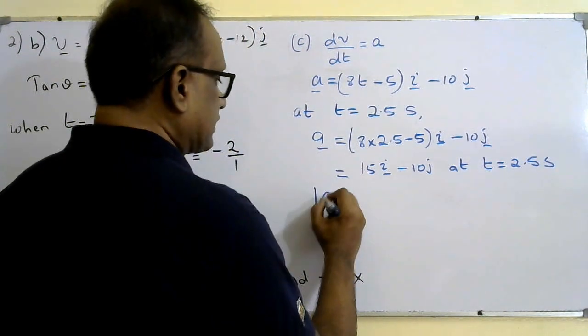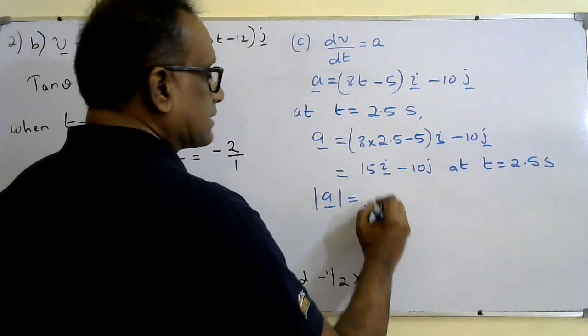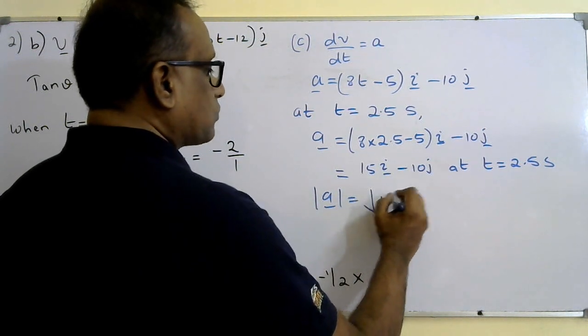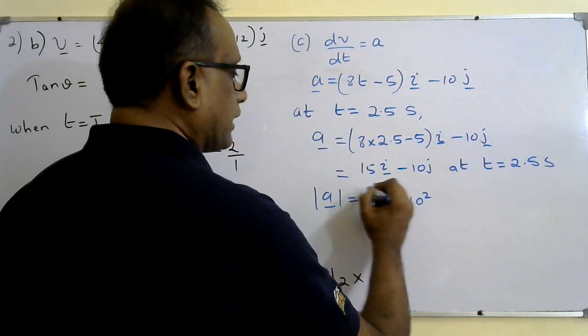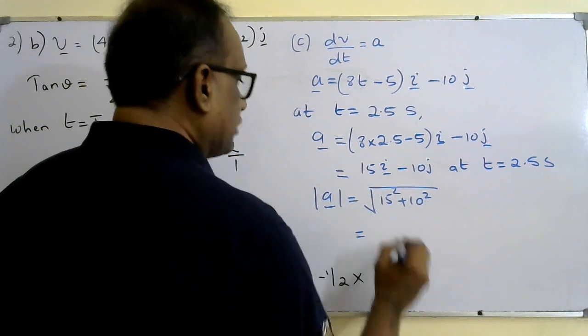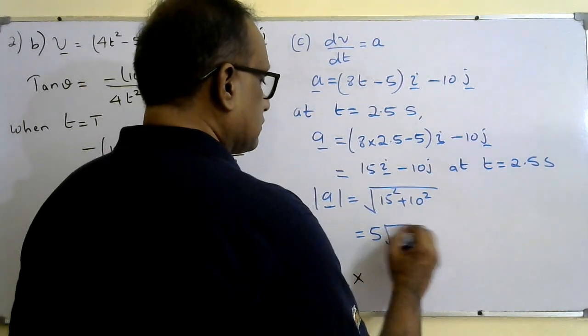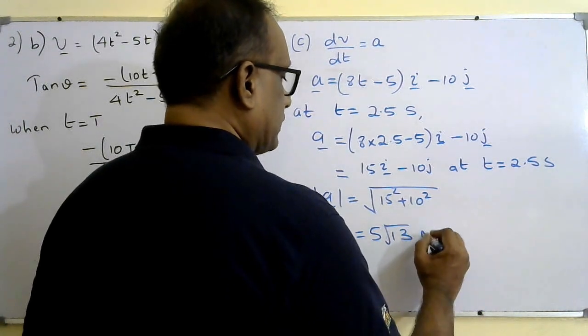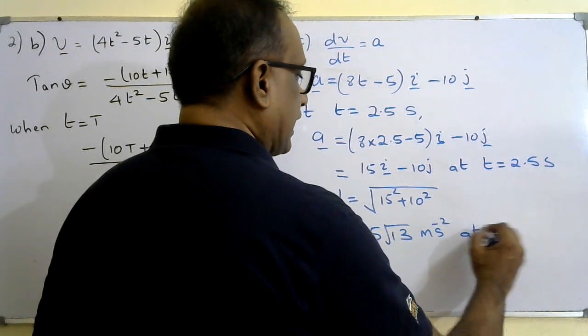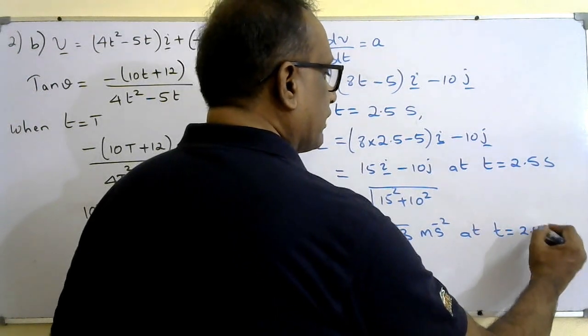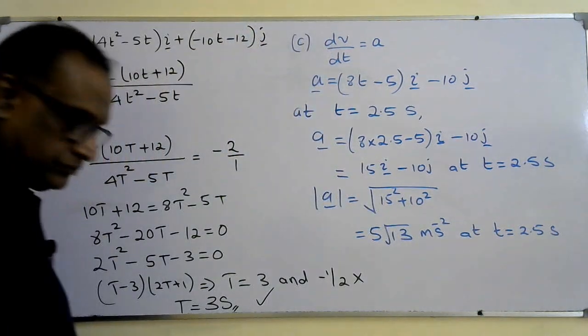The magnitude of acceleration at that time is the square root of 15 squared plus 10 squared. Solving that, you will get 5 root 13 meters per second squared at t equals 2.5 seconds.